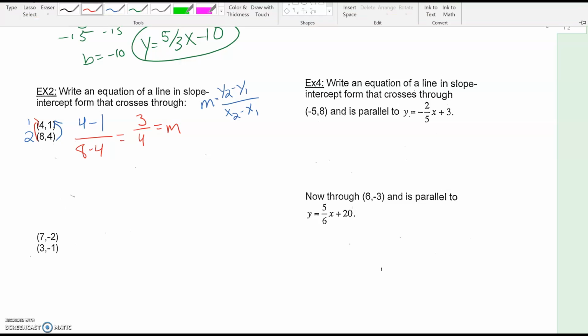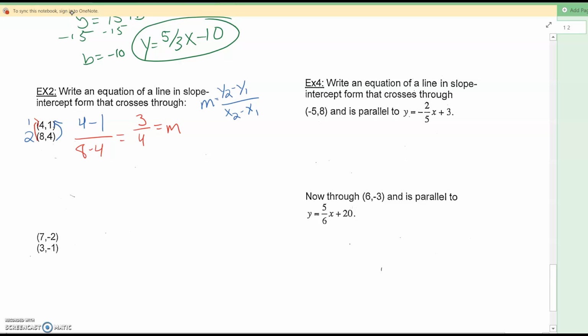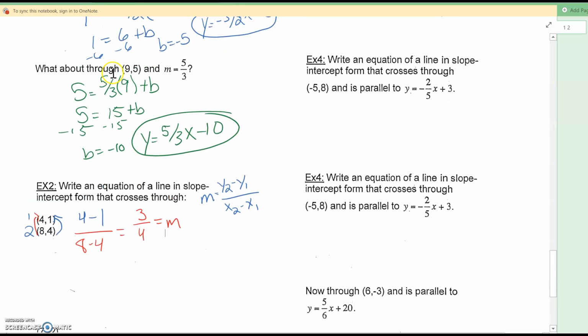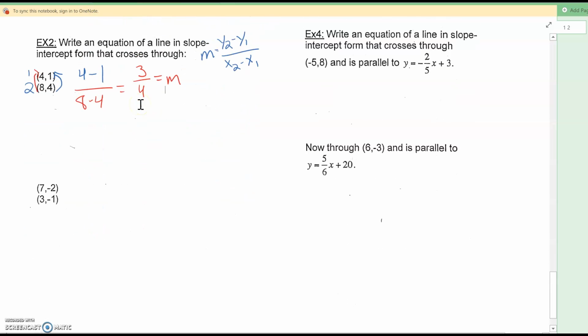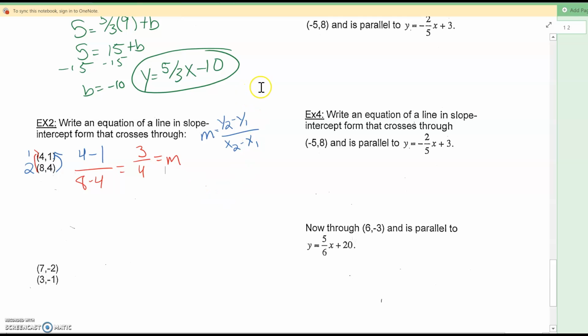From there, I can choose either point to plug in, and it's going to look exactly like the previous example that we did up here. You can choose either one. Both of them should turn out the same way. I'm going to use (8, 4) here. So I'm going to have 4 equals 3/4 times 8 plus b.